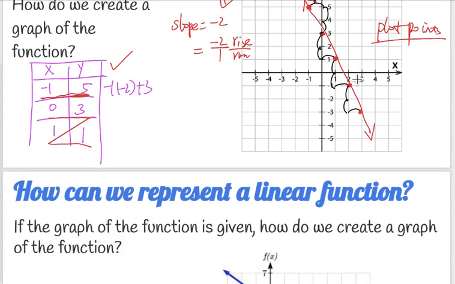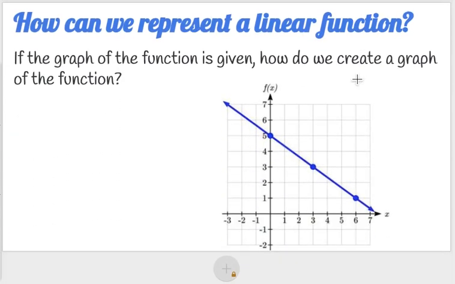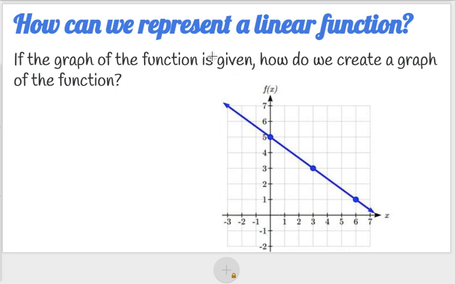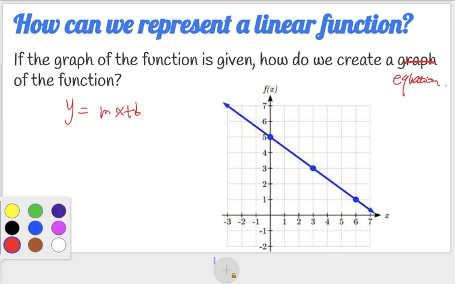Okay, last example here. We are going to check the graph and figure out the equation. Oh, sorry. So we are going to create an equation for this function. So how do we do that? As we know, the equation is always mx plus b. That's a very common way we use it, right? So in order to do that, we are going to figure out two values.